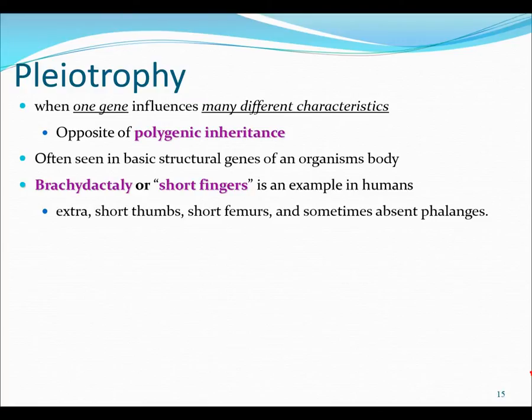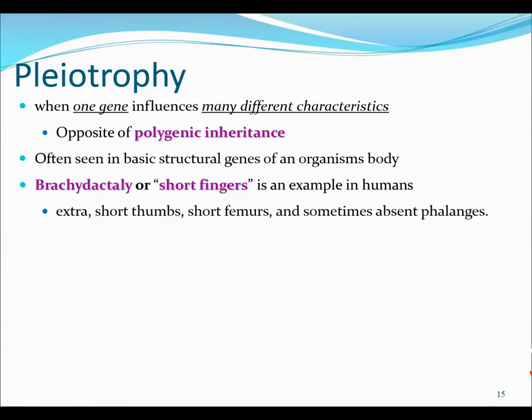So if there's an issue with this gene, a mutation in the gene, you could end up with brachydactyly. Here you could have extra phalanges, absent phalanges, short thumbs, short femurs, for example.